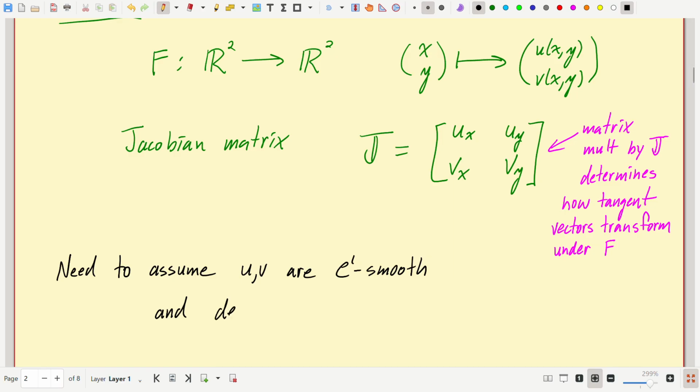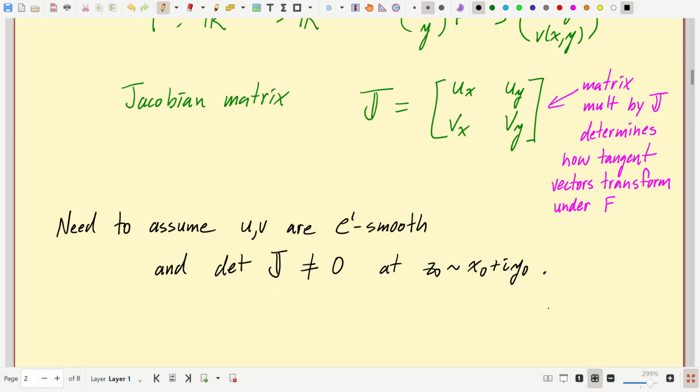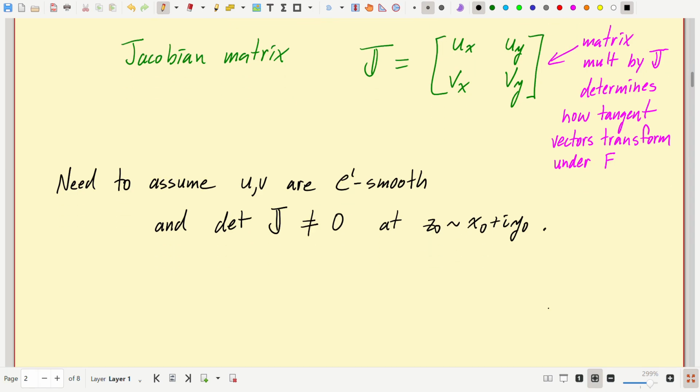And the determinant of the Jacobian matrix is unequal to 0 at z naught, which corresponds to x naught plus i y naught. Then it's kind of a high school analytic geometry to show that that matrix represents a rotation exactly when it has a certain form.